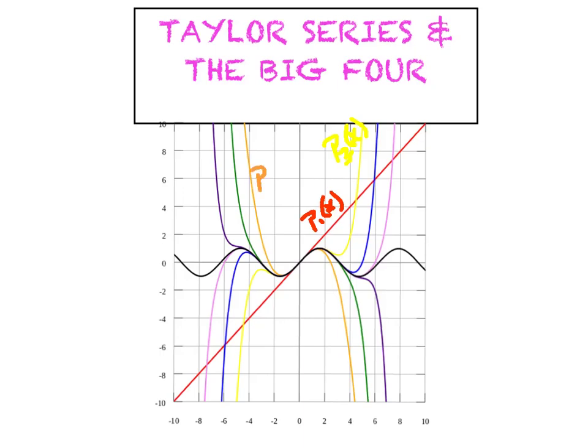Your orange function is going to be your fifth degree, and so forth. Looks like the green is the seventh, and maybe the blue is the ninth. But you can definitely see as the degree of the polynomial increases, the accuracy of our approximation also increases. So there's a direct relationship between the degree of the polynomial and the accuracy of our results.